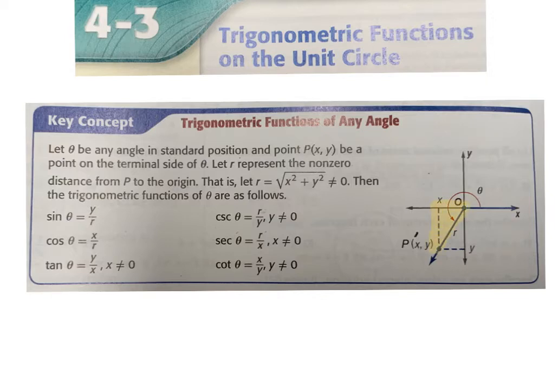If I'm using this angle as a reference, the opposite side is my y, because the length of this side is y, that's how far I went down. Everybody see that? If I calculate based on SOHCAHTOA, sine is opposite over hypotenuse, y over r. Make sense?